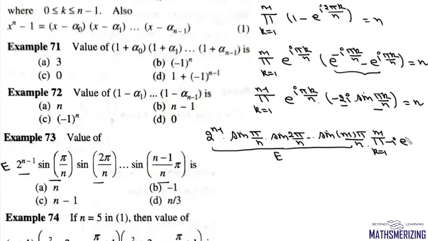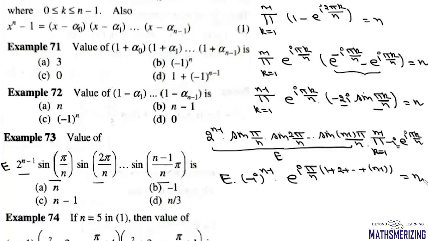−i e^(ikπ/n). Now we can write i as e^(iπ/2). Now we can write this as E into, and then here will be −i, −i, −i, n minus 1 times, so −i to the power n−1, and then we'll have e^(iπ/n) to the power 1 + 2 + 3 up to n−1, and this value will be simply n.